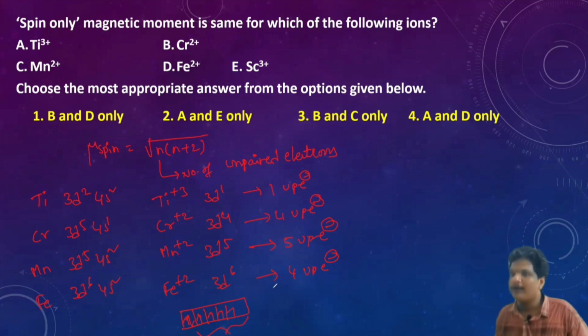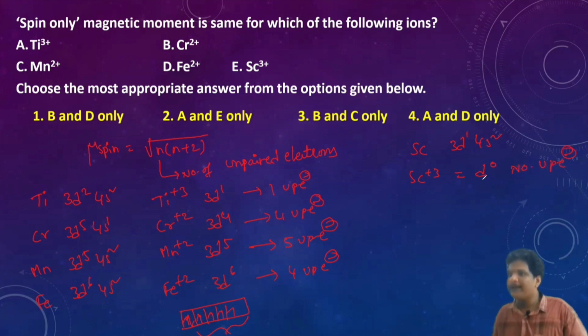So we have 4 unpaired electrons in Fe +2. Scandium is 3d1 4s2, so in scandium +3 we have d0, no unpaired electron.